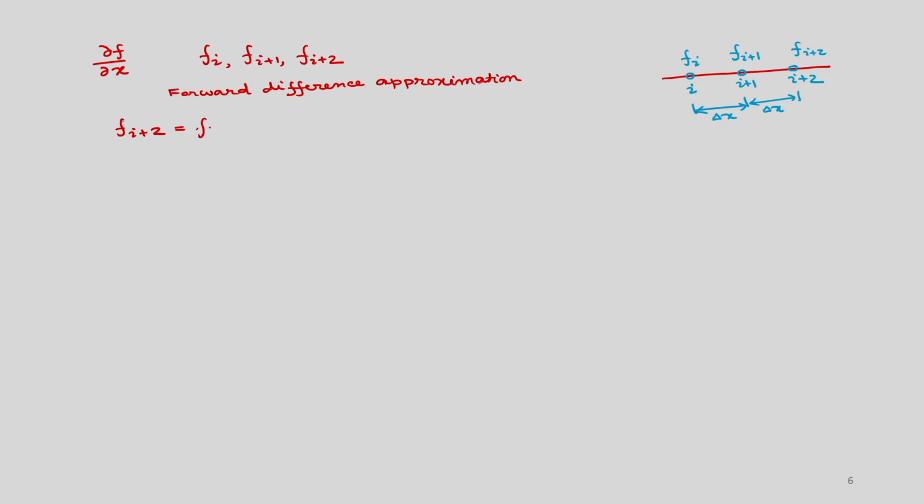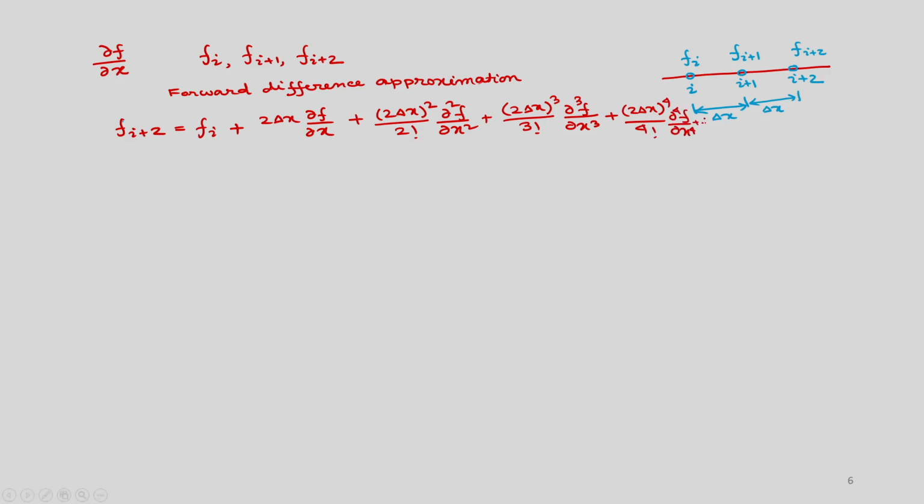So, you can write f I plus 2 delta x del f by del x plus 2 delta x square by factorial 2 del 2 f by del x square plus 2 delta x cube by factorial 3 del cube f by del x cube plus 2 delta x to the power 4 by factorial 4 del 4 f by del x to the power 4 and other higher order terms.